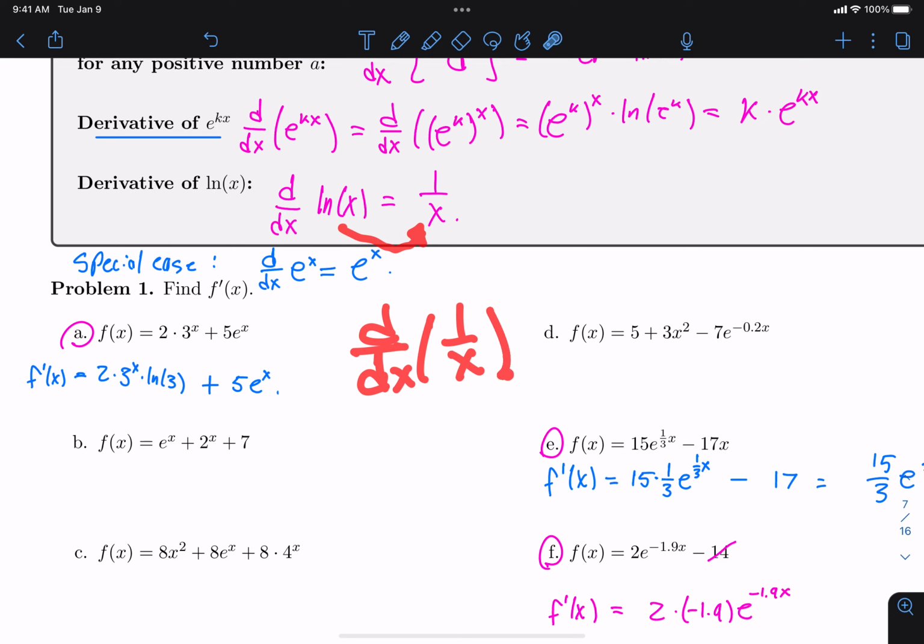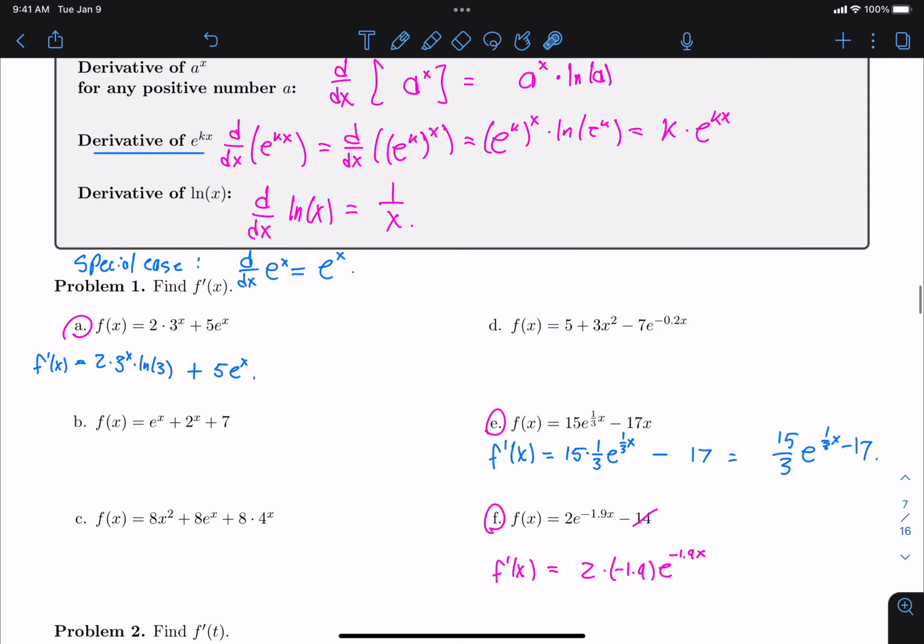What rule would we use to do the derivative of 1 over x? The power rule, because you can write 1 over x as x to the minus 1, i.e. variable to a number. That's when we use the power rule. So it works only in this direction: the derivative of the natural log function is 1 over x.